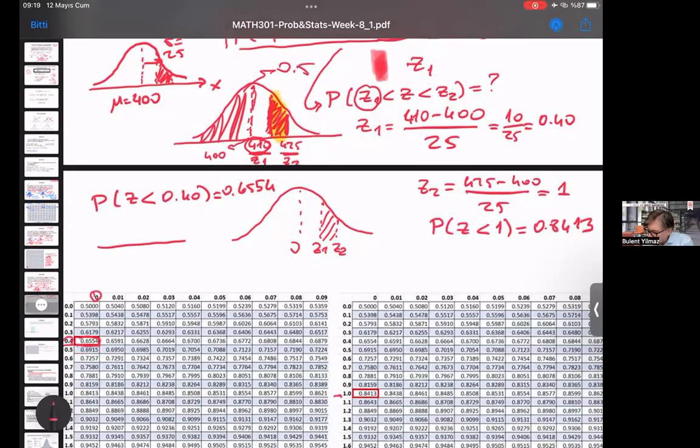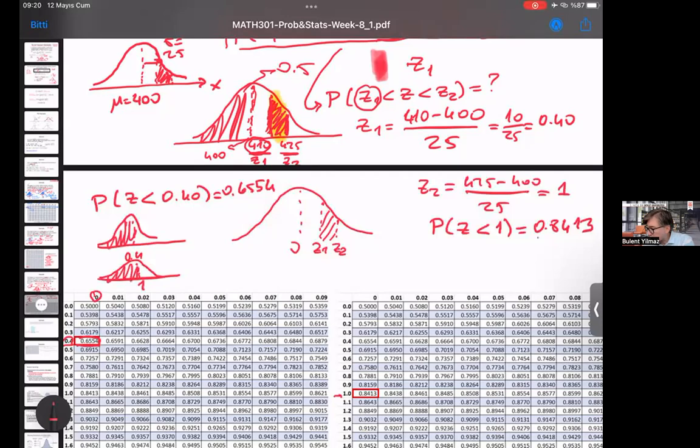This is probability of obtaining less than 0.4 is this one, and probability of obtaining less than 1 is this one.